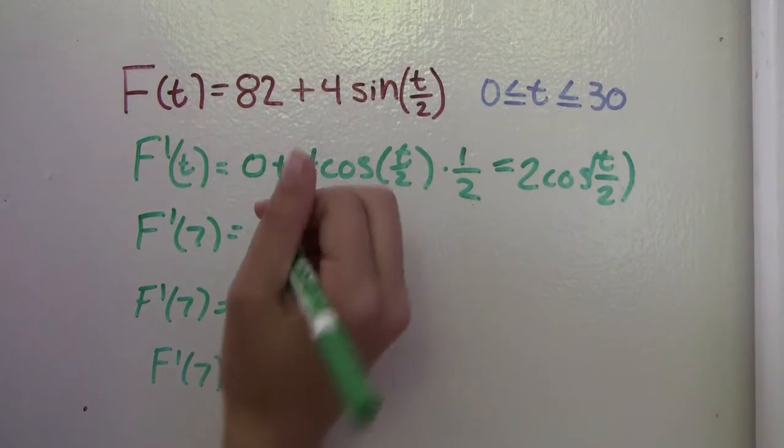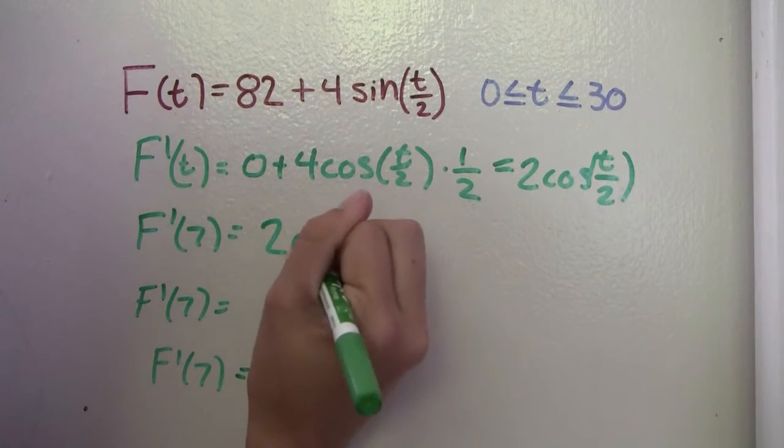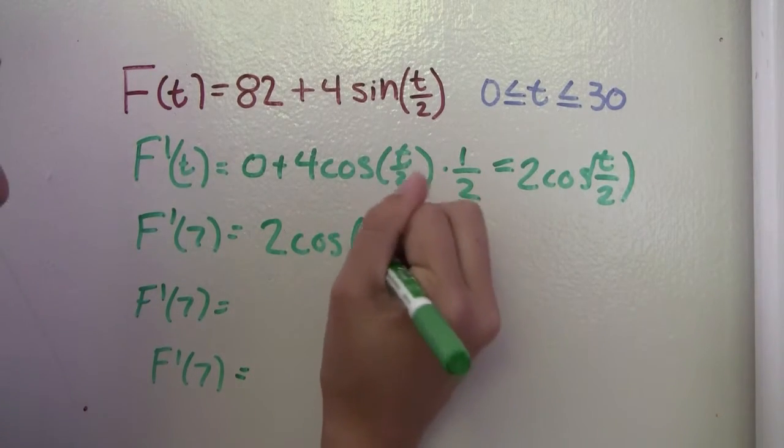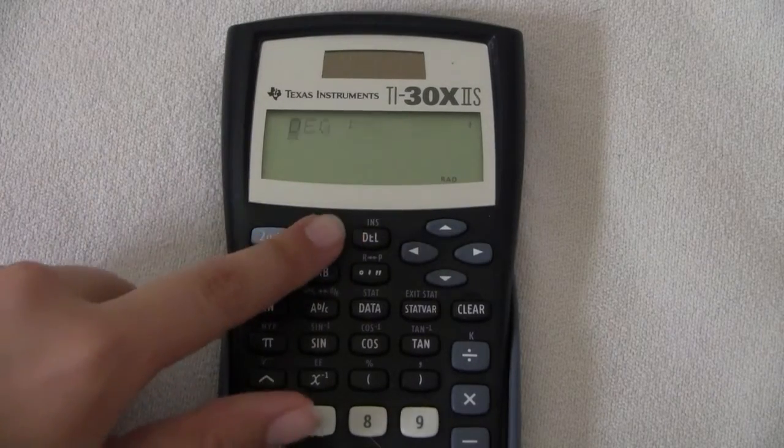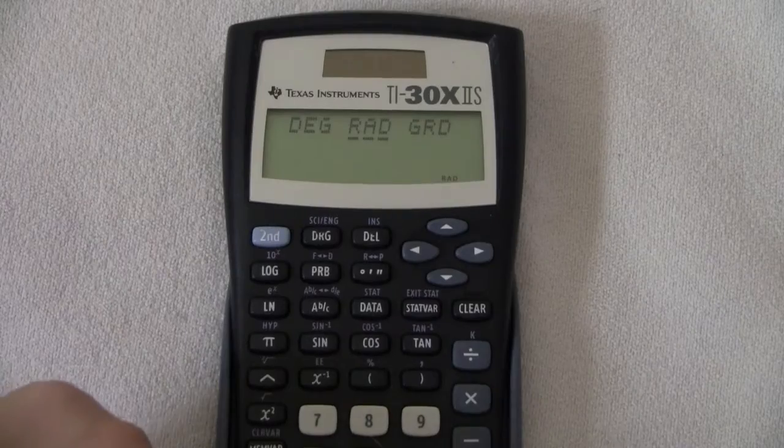Then if we plug in 7 to that equation, we will have 2 cosine 7 over 2. Just a quick reminder that when you're using your calculator for these types of problems, your calculator should be in radians.